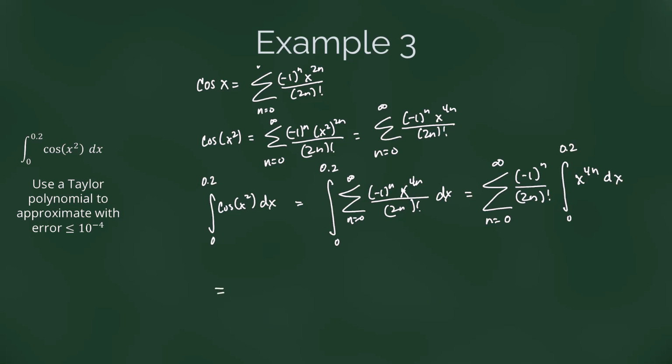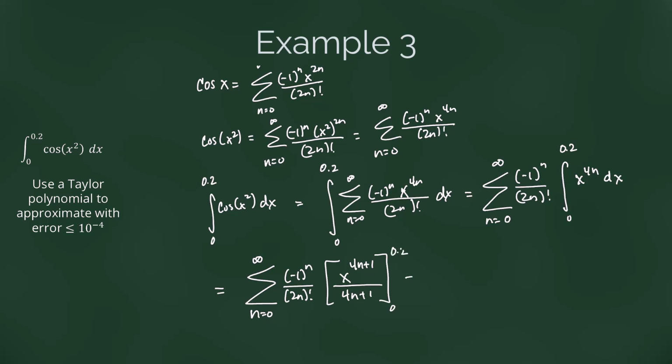So now we have the sum from n equals 0 to infinity of negative 1 to the n over 2n factorial times the quantity x to the 4n plus 1 over 4n plus 1, evaluated from 0 to 0.2.